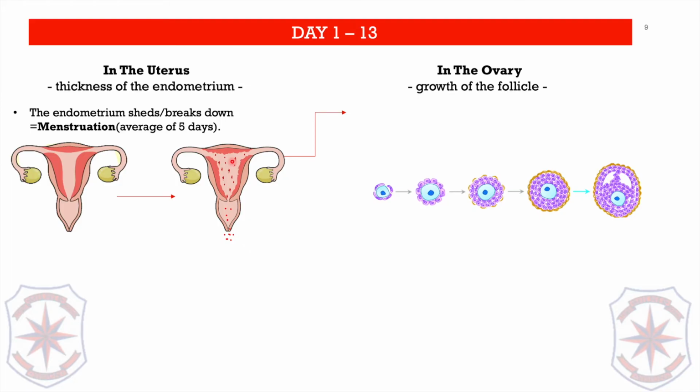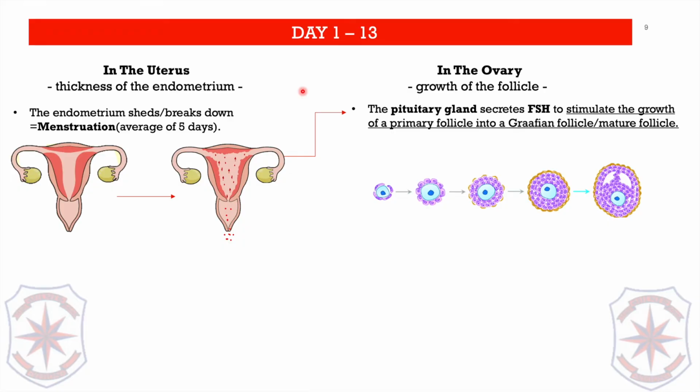So, in the uterus, after menstruation has taken place, what happens in the ovaries? The pituitary gland secretes FSH, or follicle stimulating hormone, to stimulate the growth of a primary follicle into a Graafian follicle, or a mature follicle.